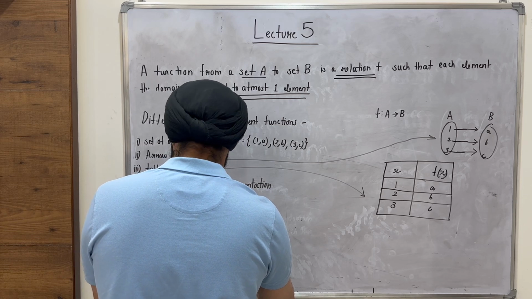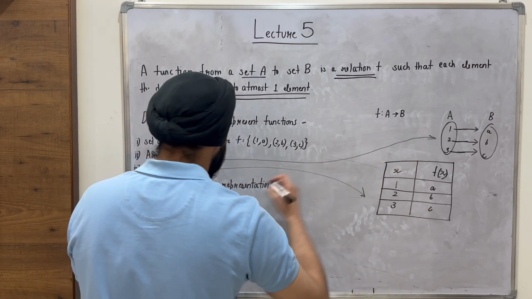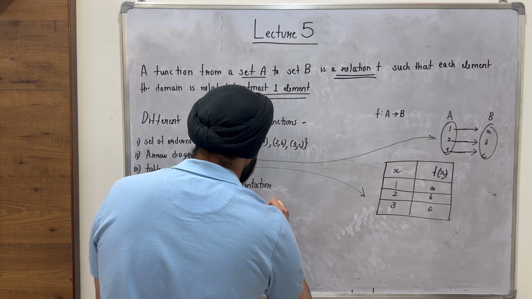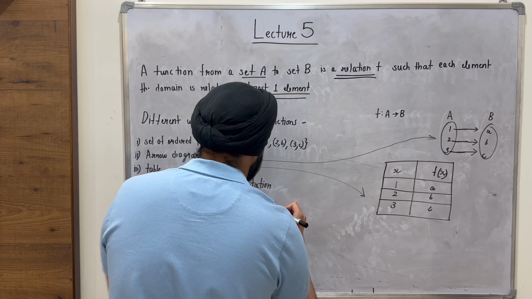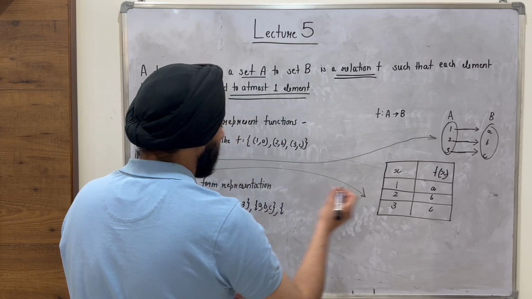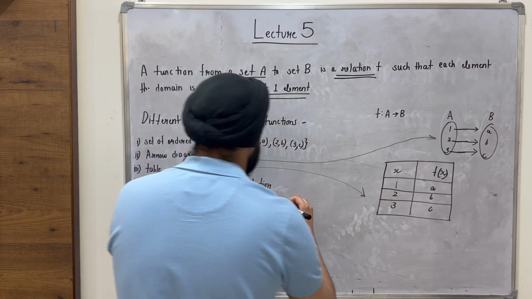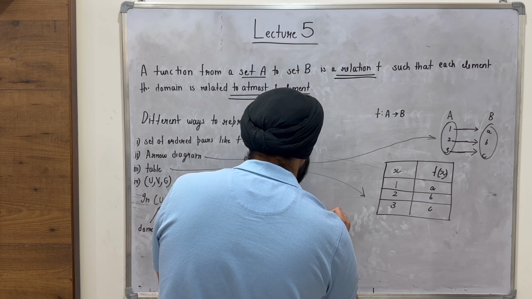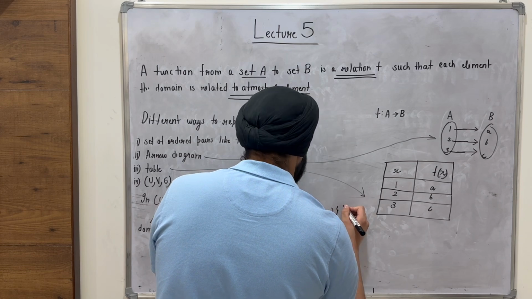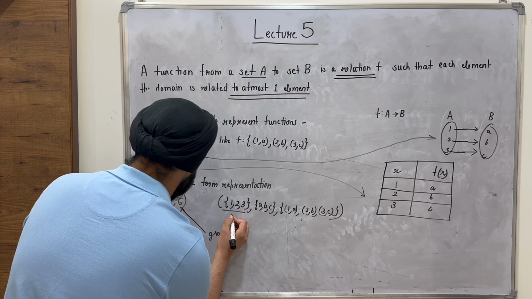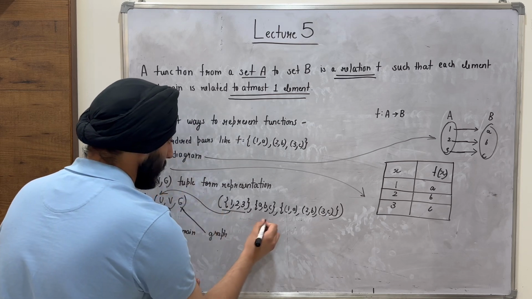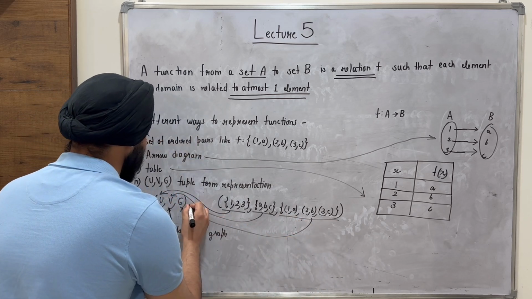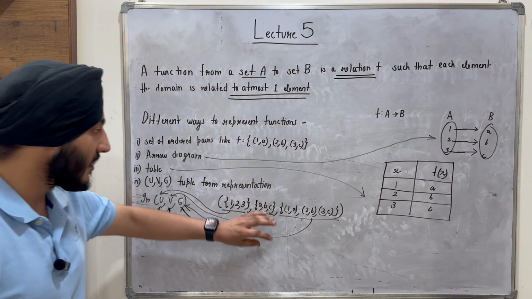So this would be equal to, I have the set A, which is 1, 2, 3, comma set B, which is A, B, C. Finally, I have the graph over here, which is simply going to be this entire set. So it's 1 comma A, 2 comma B, 3 comma C, and then finally this is going to be a tuple. So this is U, this is V, and this over here is the graph, right? So this is the basic representation.